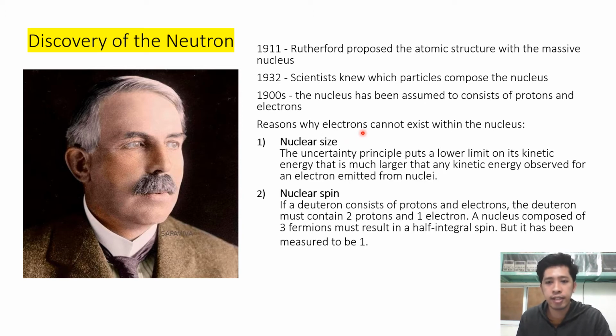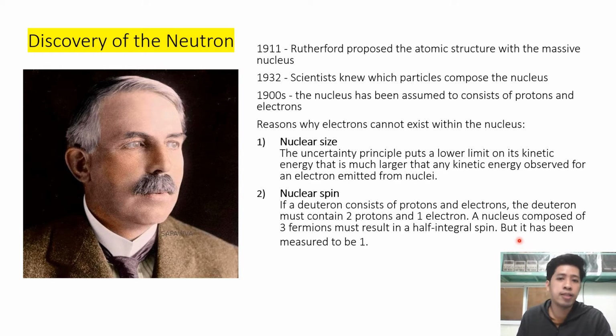First is the nuclear size. The uncertainty principle puts a lower limit on its kinetic energy that is much larger than any kinetic energy observed for an electron emitted from the nuclei. According to the uncertainty principle, your electron should have this lower limit of kinetic energy when it is located in your nucleus.